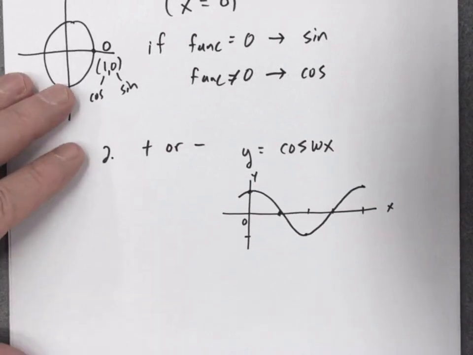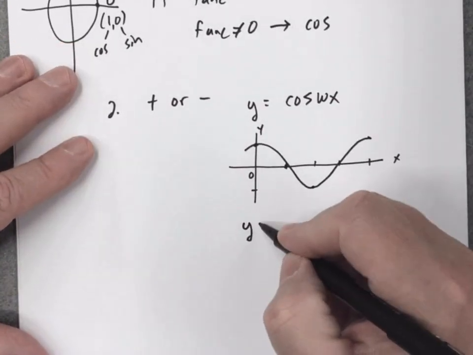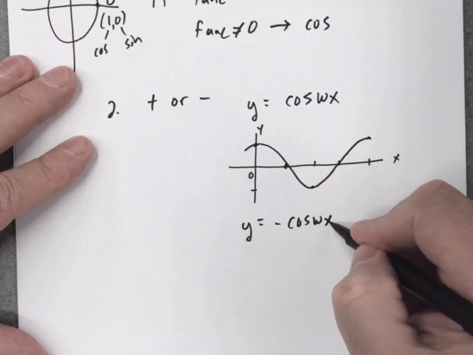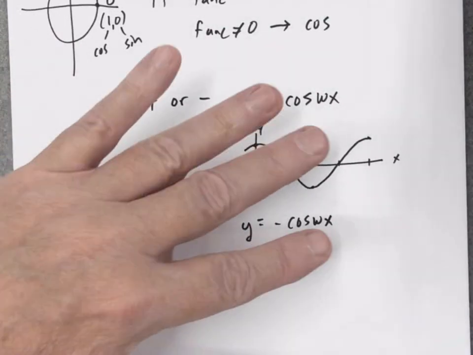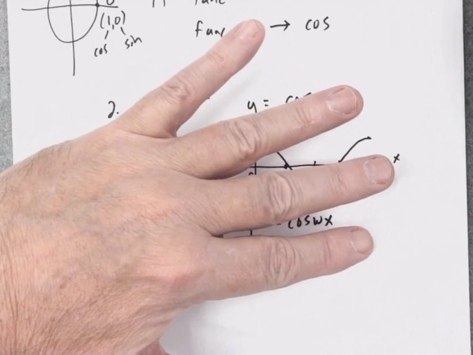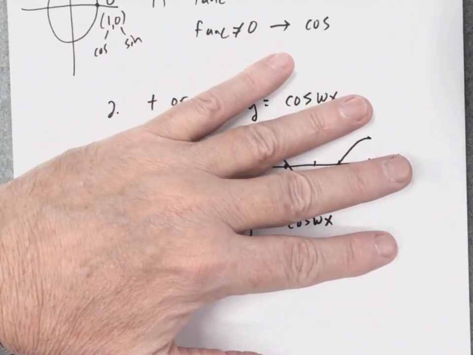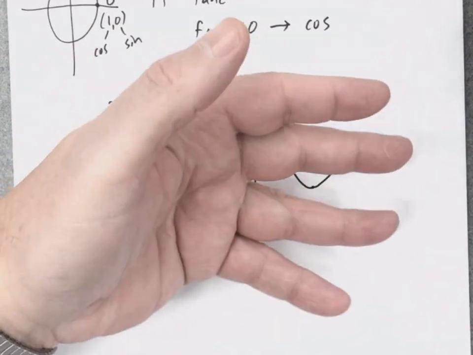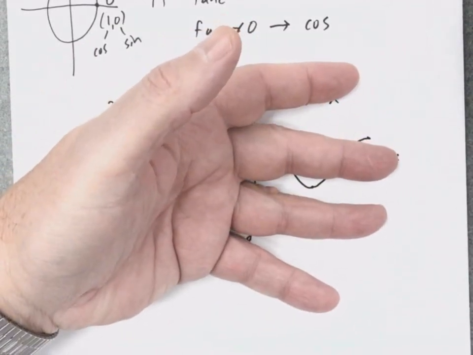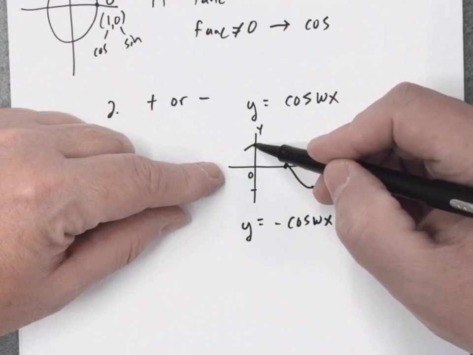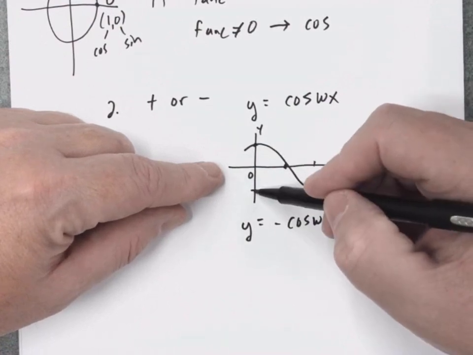What happens is, if you stick a negative in front of it, it's almost like we say you reflect around the x-axis. You take this graph and you just flip it over. So you can imagine how this ends up down here and here.